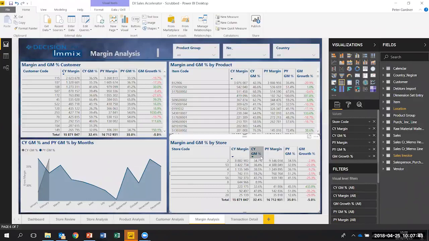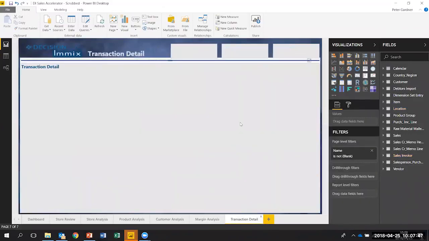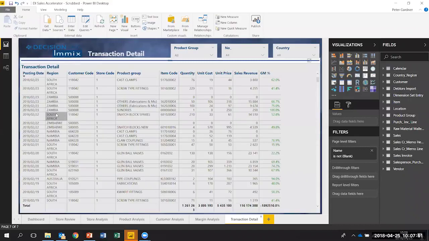What we like to include in our models is a transaction detail tab. You can actually see the details of specific purchases that are going in here. I see we don't have a purchase order number on here. That's something we most likely add, just so that if you did want to isolate one specific purchase order where you're having a problem, you'd be able to isolate it within here.